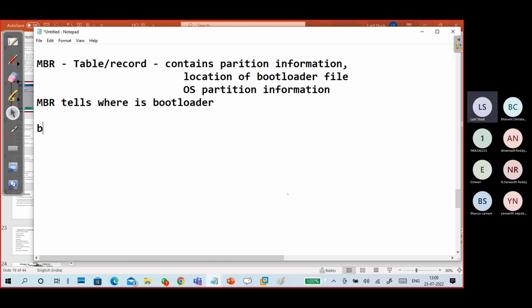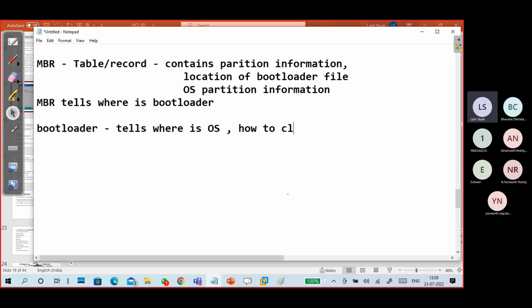What is this bootloader? The bootloader tells where the OS is and how to load the OS. It will tell by the bootloader.